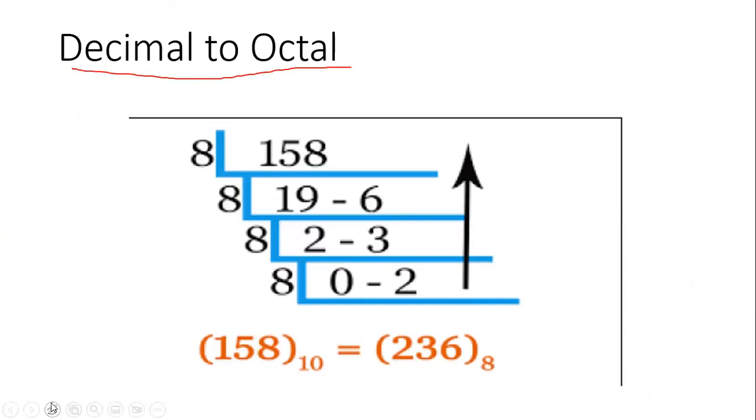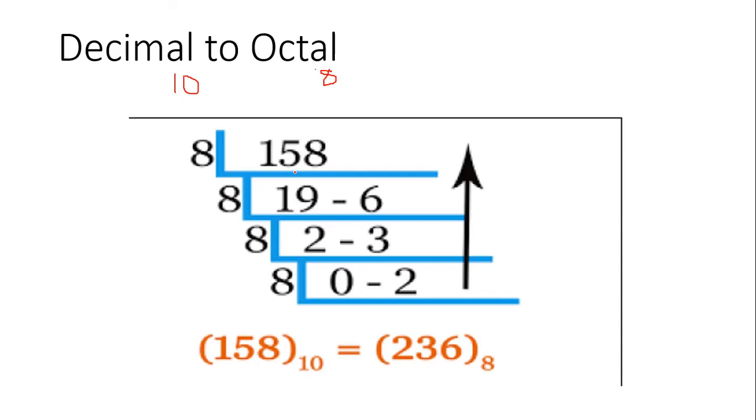Now you need to understand that a decimal number is a base 10 value and an octal number is a base 8 value. So to convert a decimal number to an octal number, what is the base value for octal? 8. So you need to keep on dividing the number by 8.